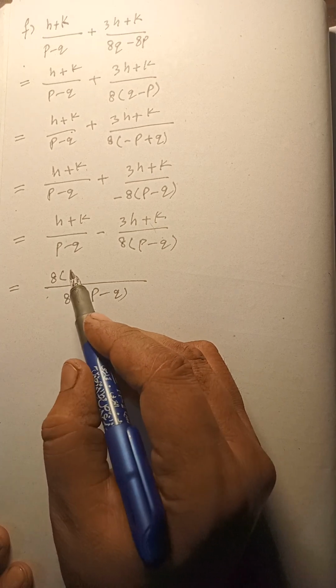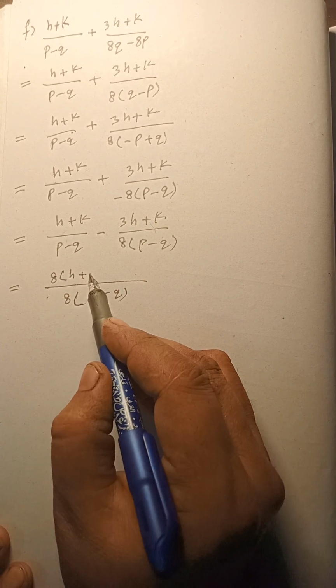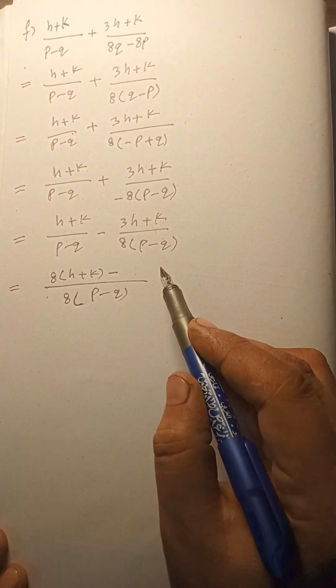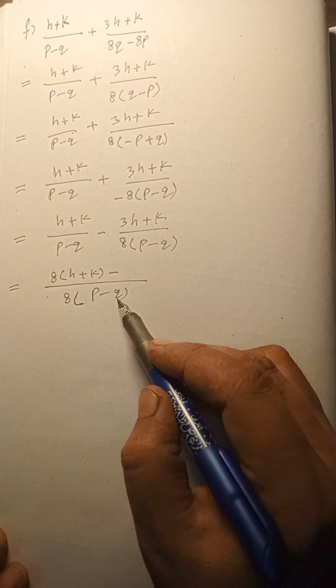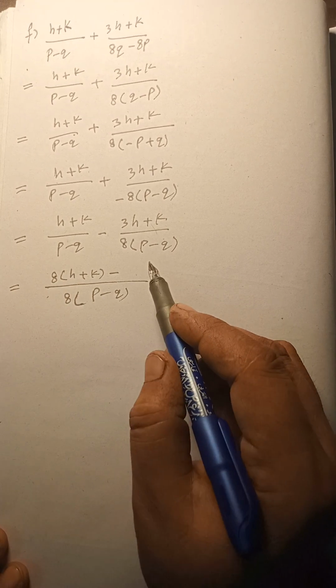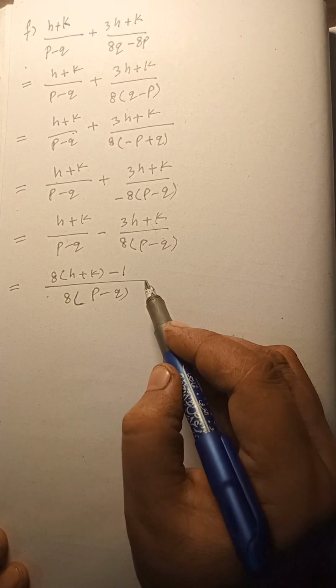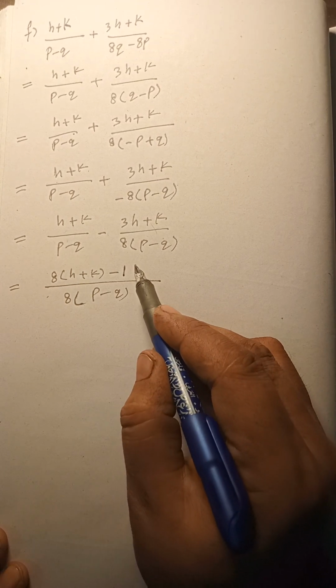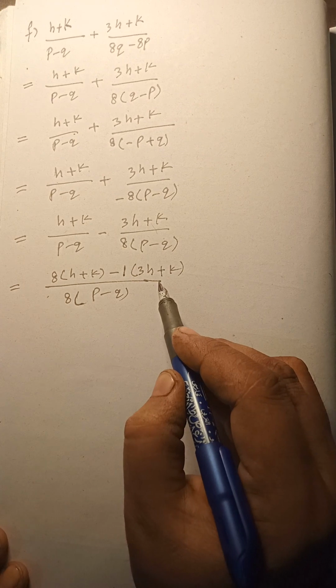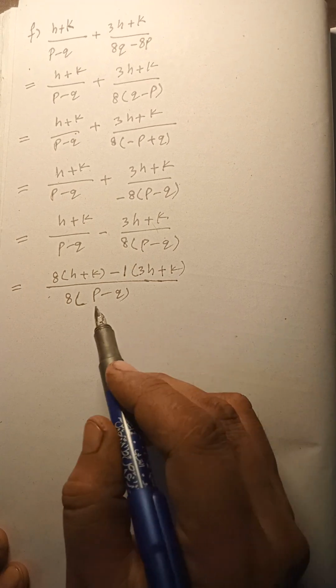So we will write 8 here, and h plus k will be multiplied by this number, and this minus sign here. When you will divide it by this one, the answer is 1, and we will write here 1. The answer will be written here h plus k, 3h plus k.